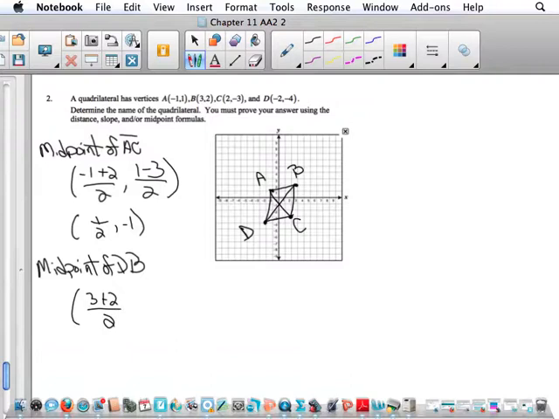That doesn't look great. Oh, I'm sorry, I used C. That's what's wrong. I knew that didn't look great. Okay, so this is a -2. I'm using D and B. So I have (3 minus 2) and (2 minus 4) over 2. So that gives me again 1/2 and -1. So that proves that this is a parallelogram.